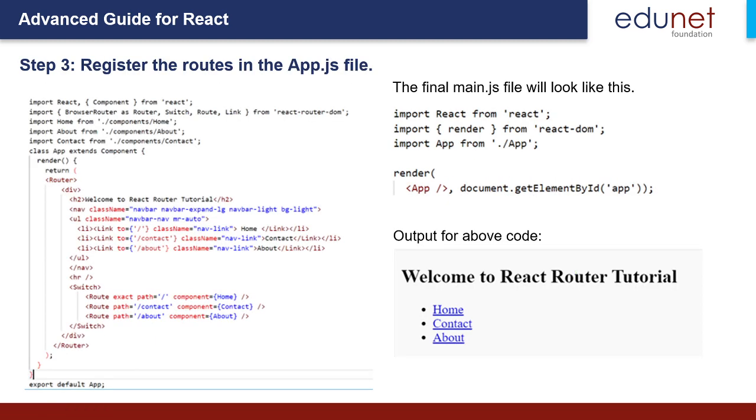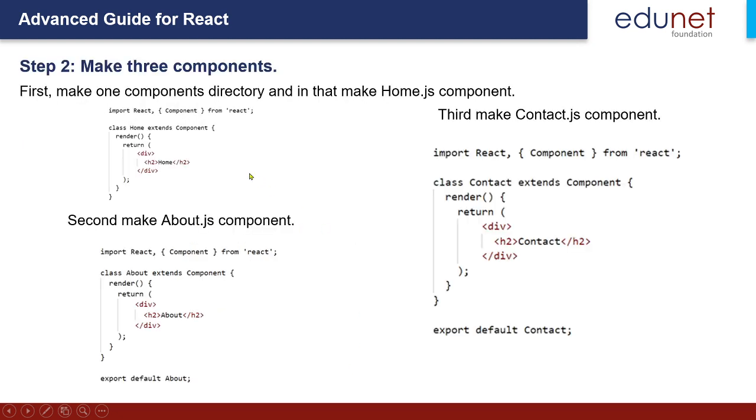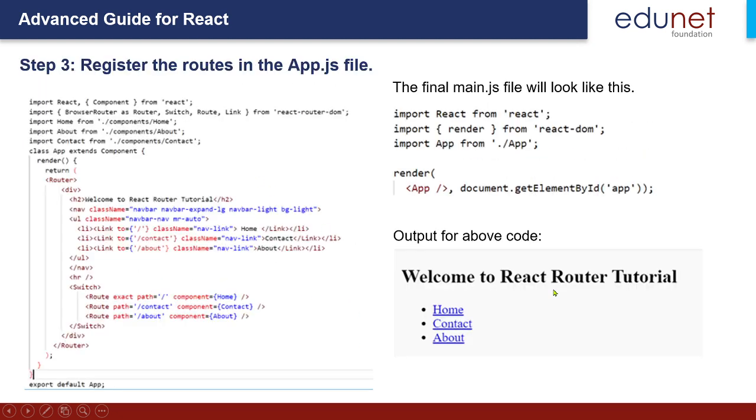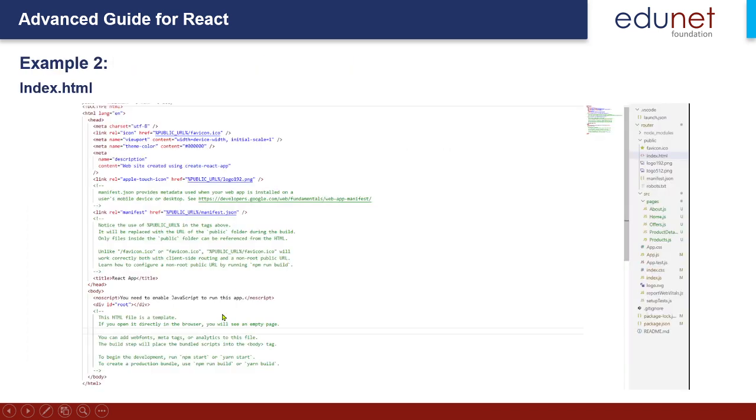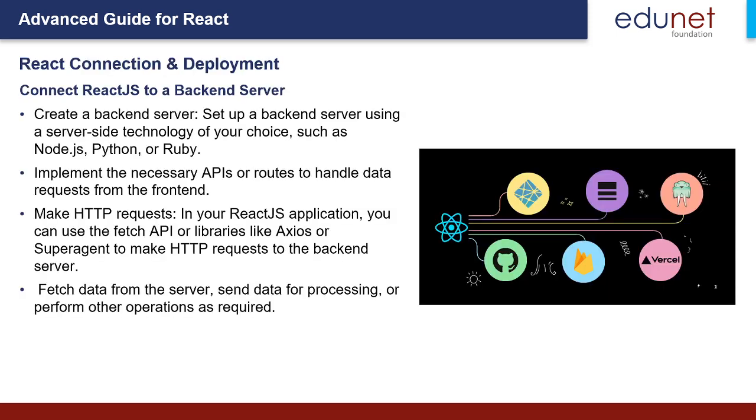And register the routes in the app.js file. So first step is main.js, and in app.js we are just welcoming the things, and here we are creating three components, and the fourth step is to register the routes in the app.js file. So we need to link and give the path. It's very simple. Let's see one example of how we can work on this.